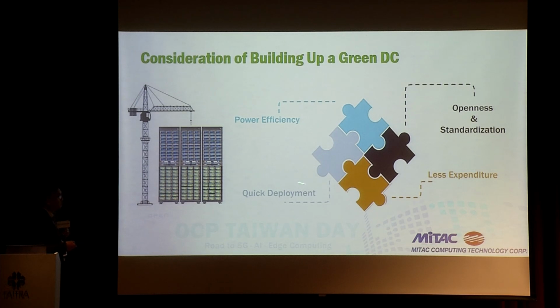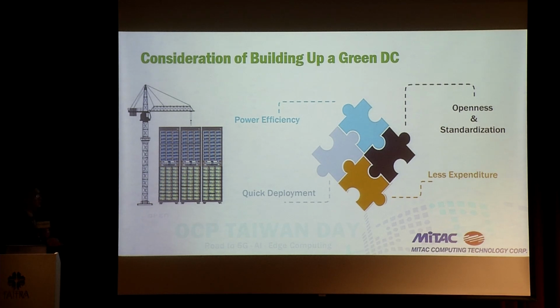It helps with quick deployment because of the toolless design. That means less waste of resources, and it also provides power efficiency because of the architecture of the OCP solution, especially the central power supply, so leaders could see less expenditure in CAPEX and OPEX.